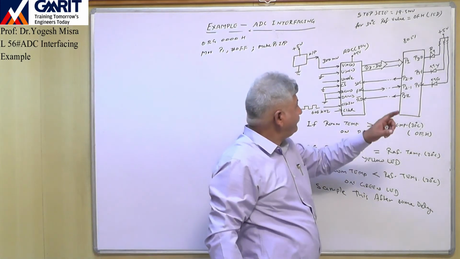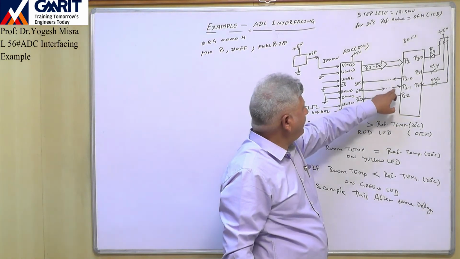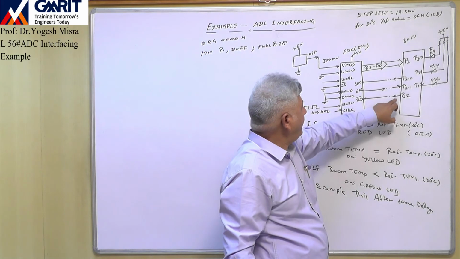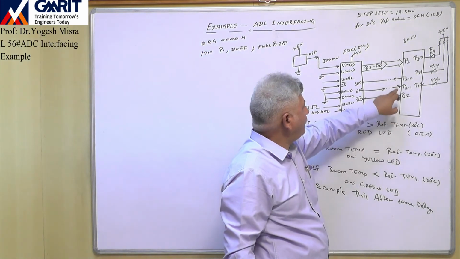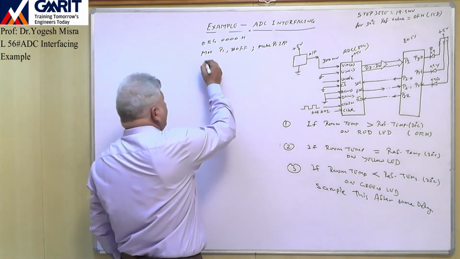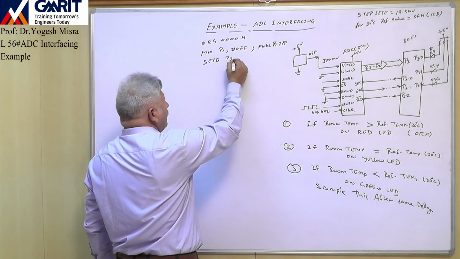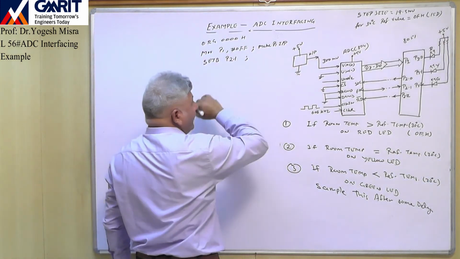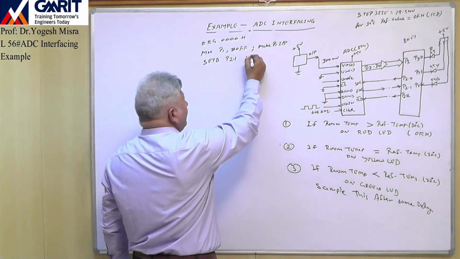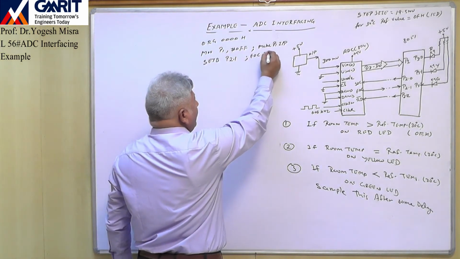Now start of conversion, this is output pin, end of conversion is an input pin and read bar is an output pin. So this pin also we have to make input. So for this we will write instruction SETB P2.1. So why we are making this? Making EOC input.